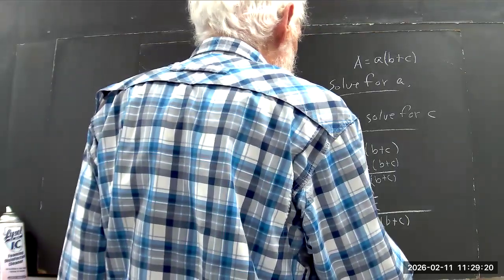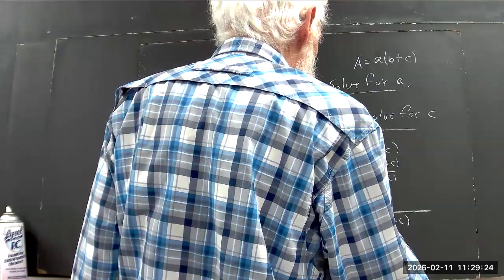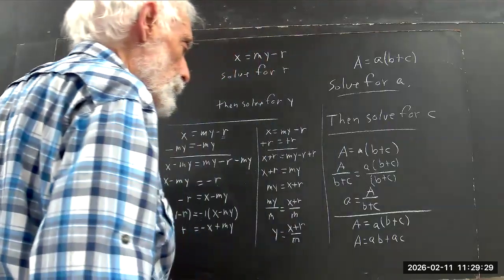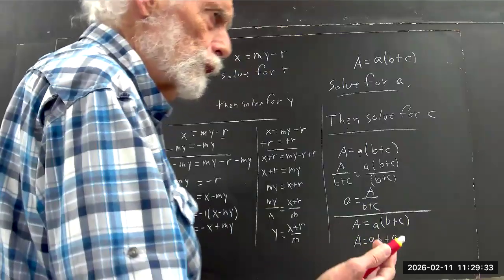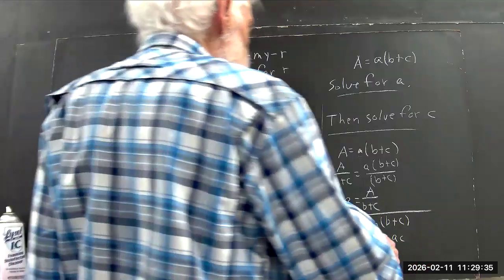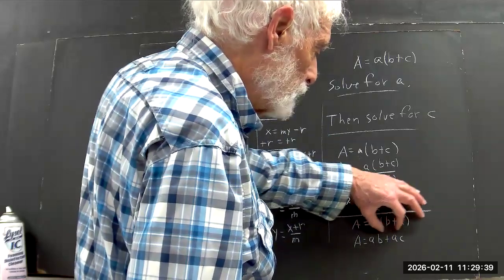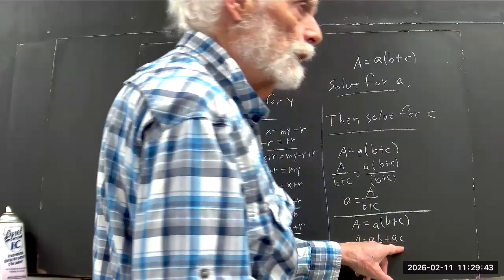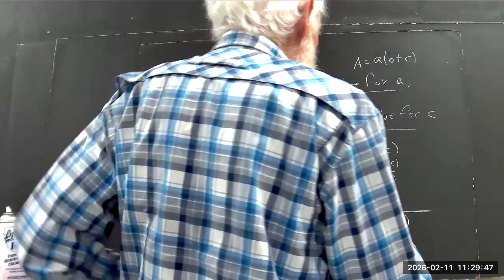So we're going to get big A equals little a times b plus little a times c. Now we've got c where we can get to it. We're going to subtract ab from both sides because the right-hand side is ab plus ac. We subtract ab from both sides, we'll just have ac, and we're getting closer to isolating c.